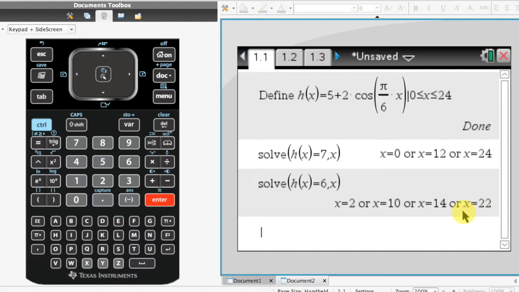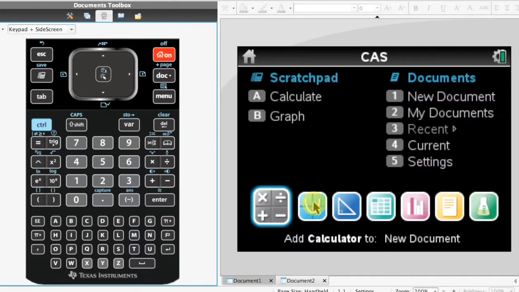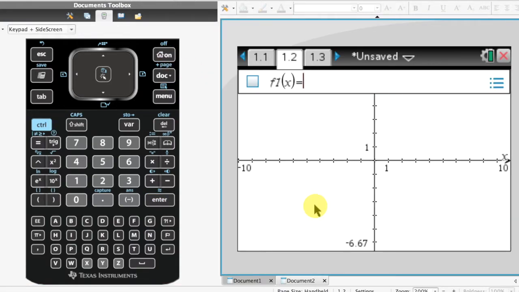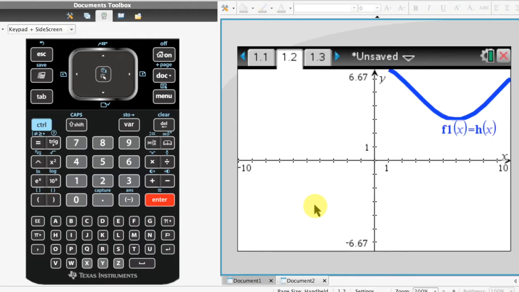What we need to do now is add ourselves a graph and look at what's going on here. So if I go to the home screen and I'm going to generate a graph, I'm going to put in h of x. Alright, and this is not going to be appropriate domain or anything like that. It's not very helpful.